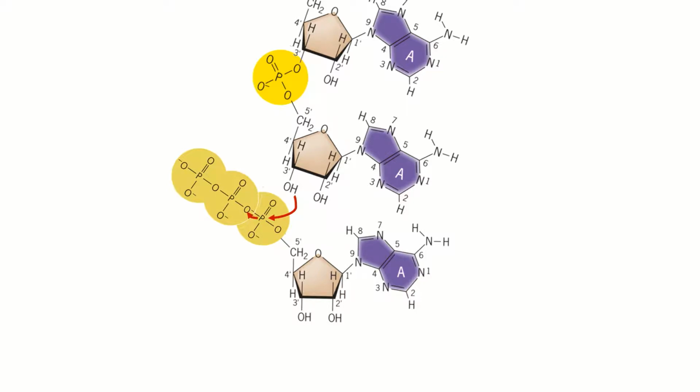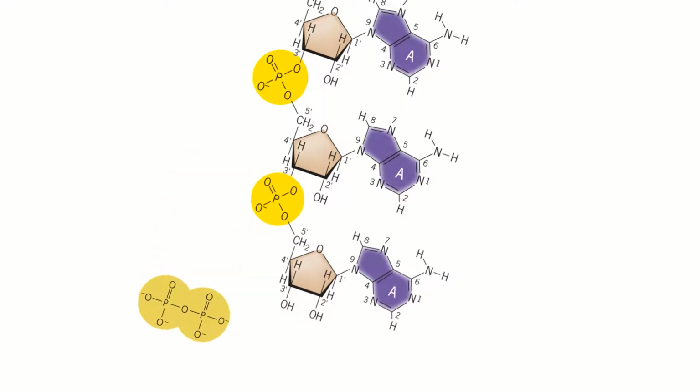A chain reaction follows so that the other 2 phosphate groups detach from the nucleotide, and the nucleotide will now attach to the 3' end of a building nucleic acid.